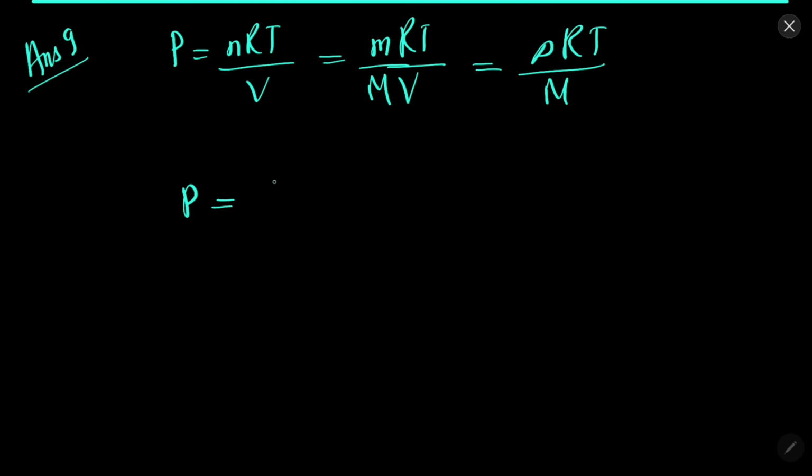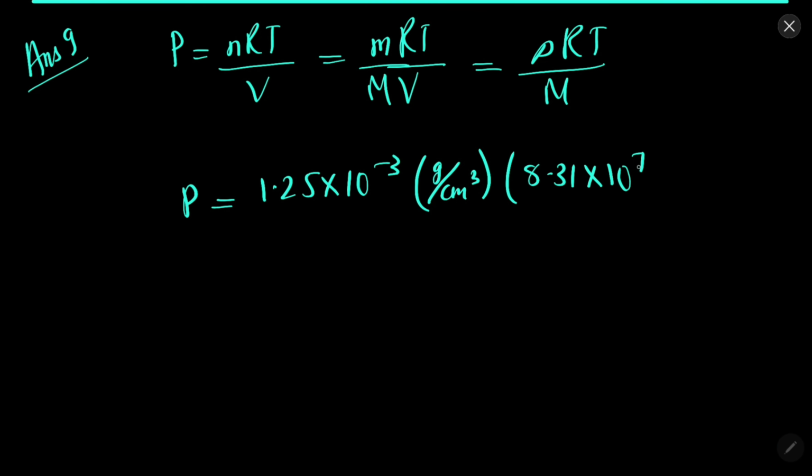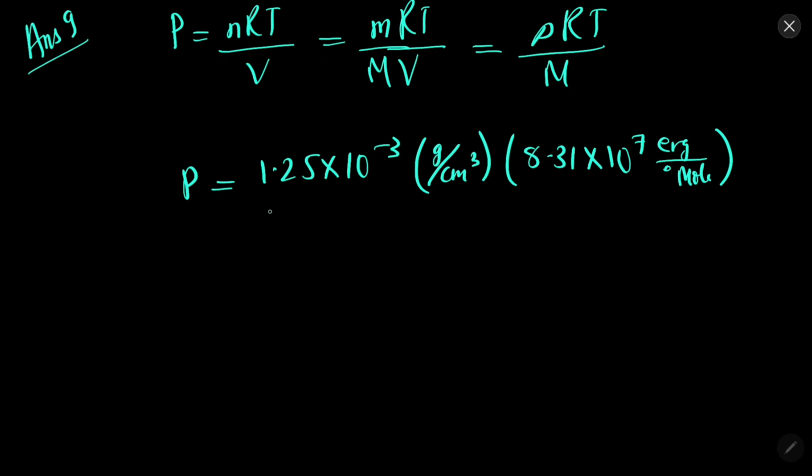So density is given as 1.25 into 10 to the power minus 3 gram per centimeter cube. R is 8.31 into 10 to the power 7 erg per degree per mole. Temperature is 273 Kelvin.